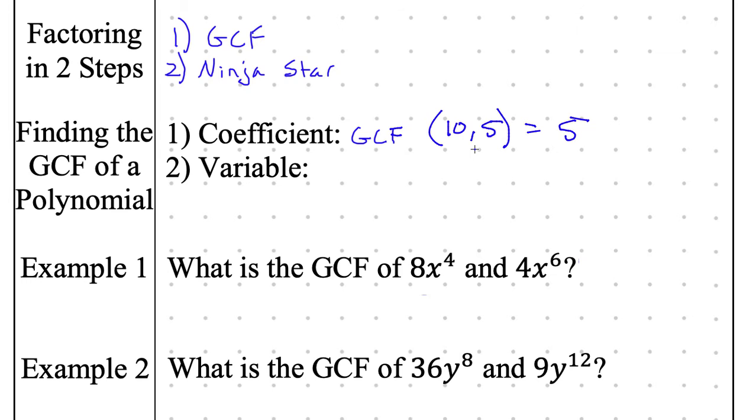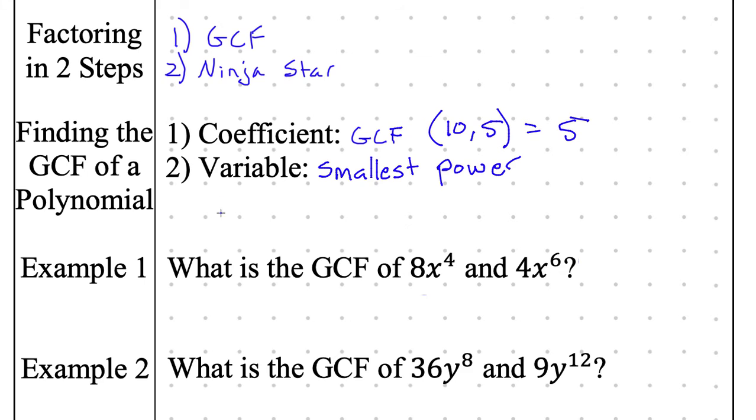Okay, or Monday. All right, and then for the variable, you are going to be finding the smallest power. And if you don't like the word power, you can use the word degree too. That'll work just as well. What do I mean by that?